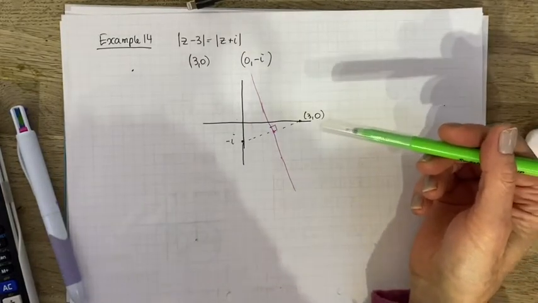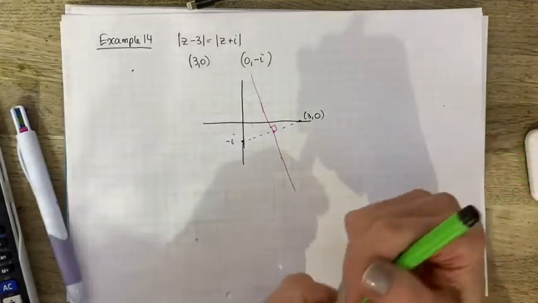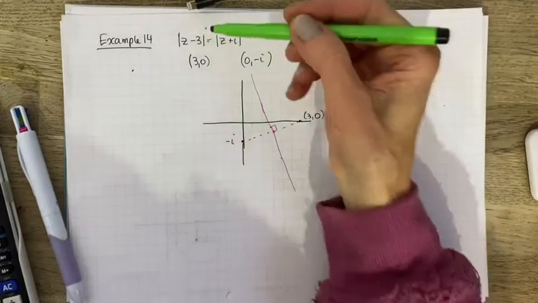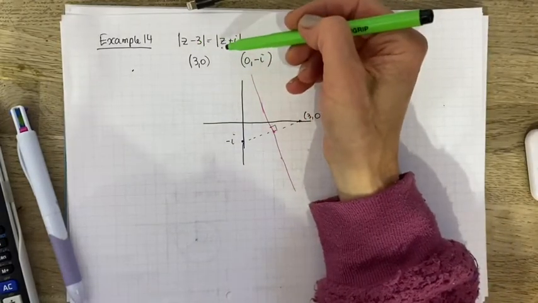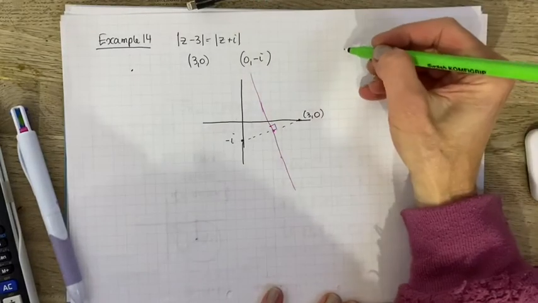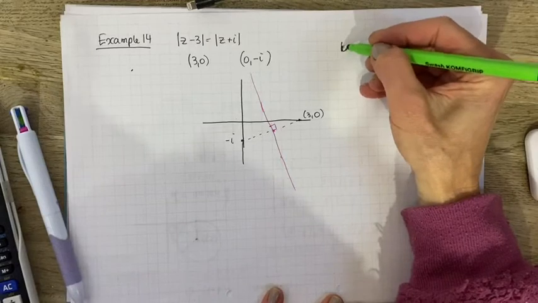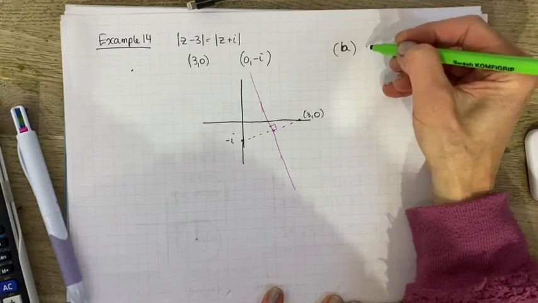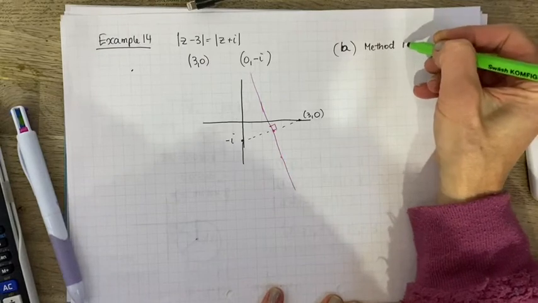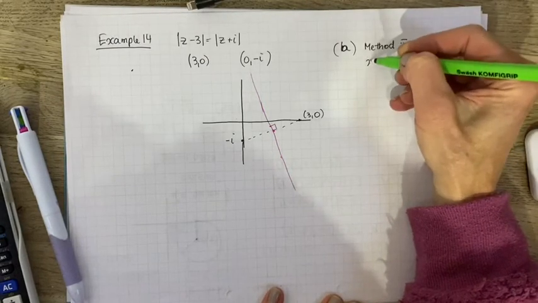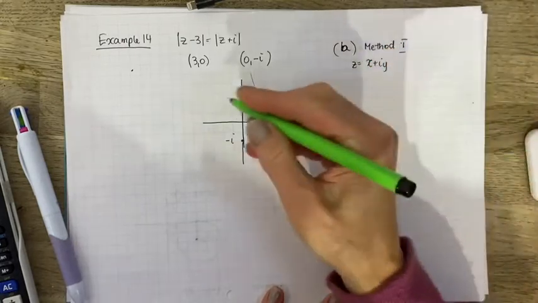Now for part B, we've been asked to find the equation of that line. Okay, so one way of doing it is by substituting x plus iy into this equation. So we'll have a go at doing this. This is still part A. The first method, method 1, let x plus iy replace z in the equation.